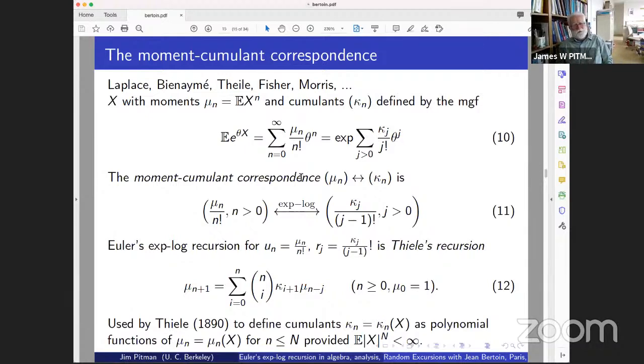So the moment-cumulant correspondence between the moments and cumulants of a random variable, in the previous language, is that the sequence of moments normalized by n factorial corresponds by the exp-log transformation to the sequence of cumulants normalized by (j-1) factorial.